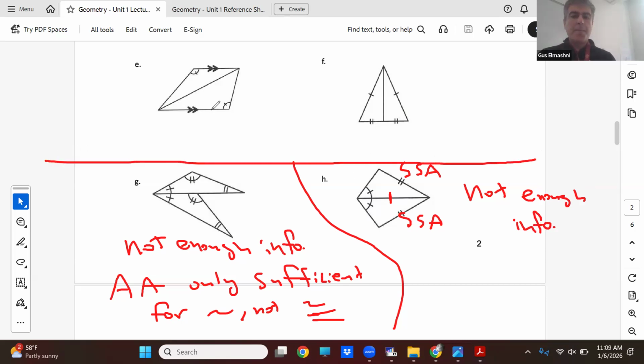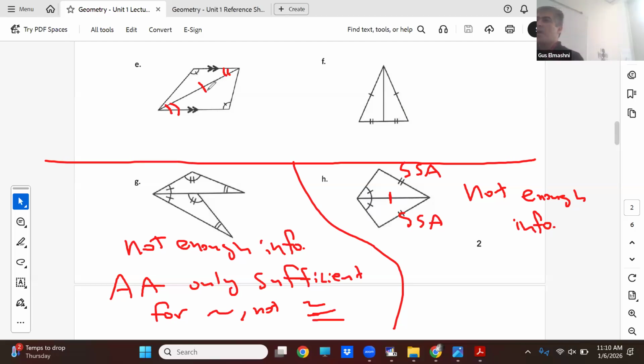What do you guys think? No, it's enough. Side, angle, angle. Yeah, parallel, right? And they share that side, it's reflexive.